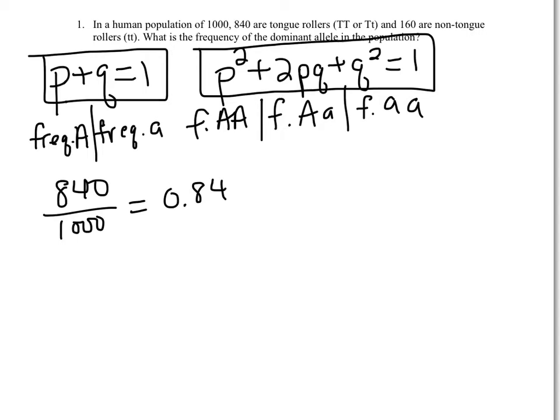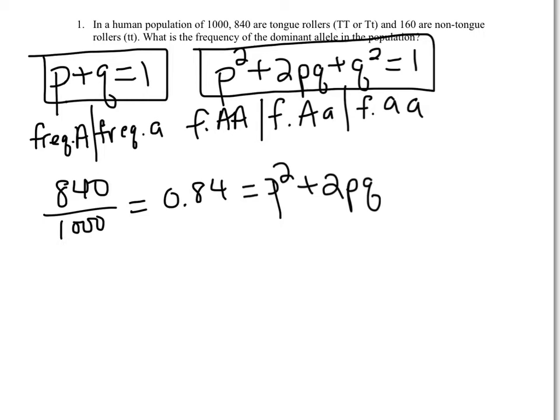So if you look here at our equation, big T big T is like this, and big T little t is like that. So really 0.84 is all this part of the equation. So that equals P squared plus 2PQ. And what this means to me is that you can't do much with this right now, because solving for 0.84 equals P squared plus 2PQ is difficult.